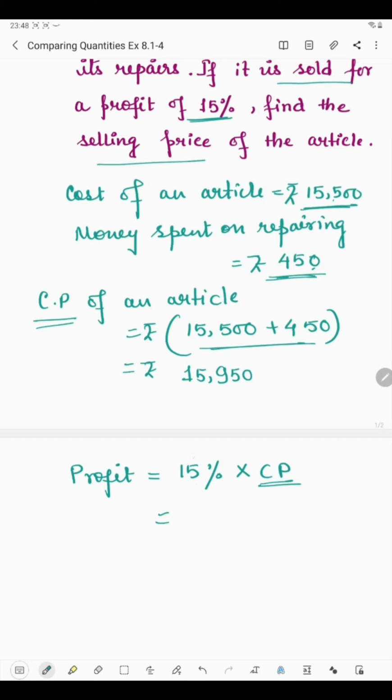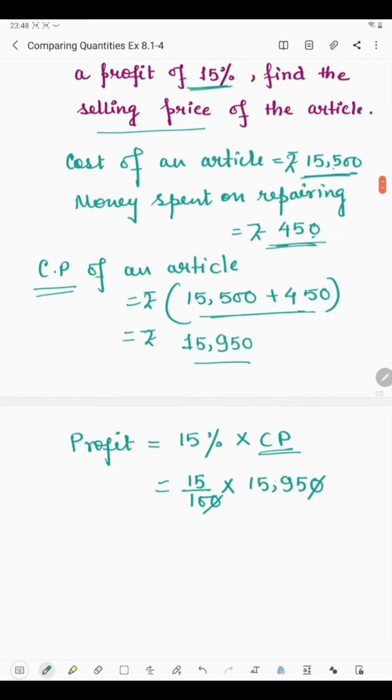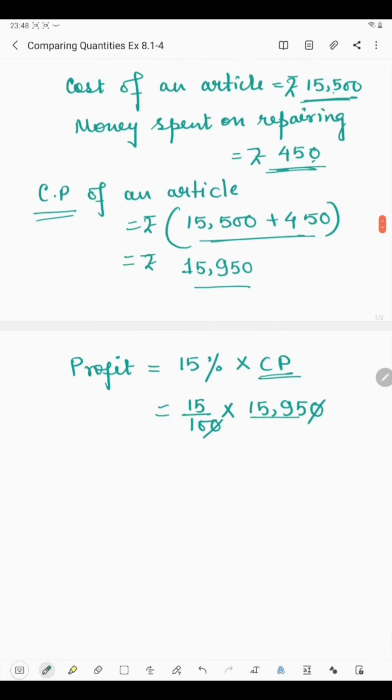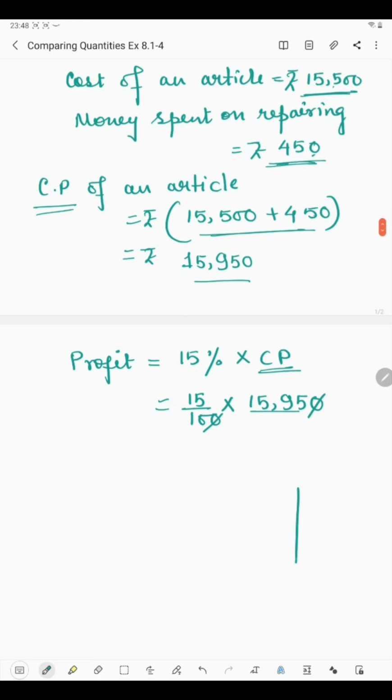So 15% can be written as 15 by 100 multiplied by CP, which is 15,950. Now if you cancel the zeros, we have 15 here, 15 multiplied by 1595. Now 1595 will be multiplied by 15.